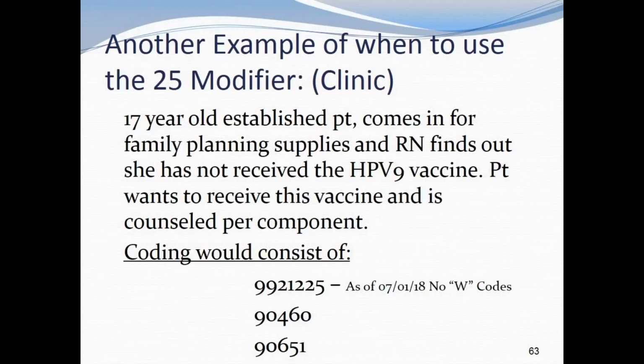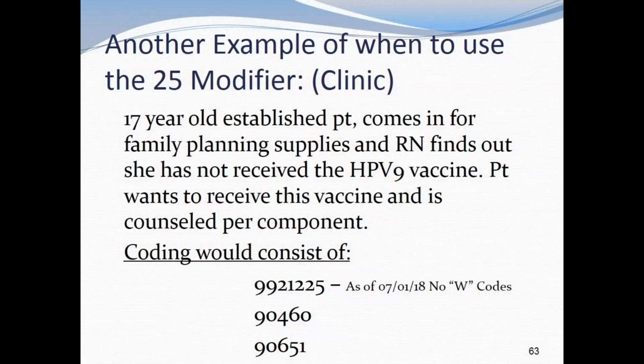The coding of this would actually consist of your 99212-25 for the actual family planning supplies, because that's the main reason she came in, okay? And you're going to put the ICD-10 that relates to that family planning issue on with that particular 99212-25 code.